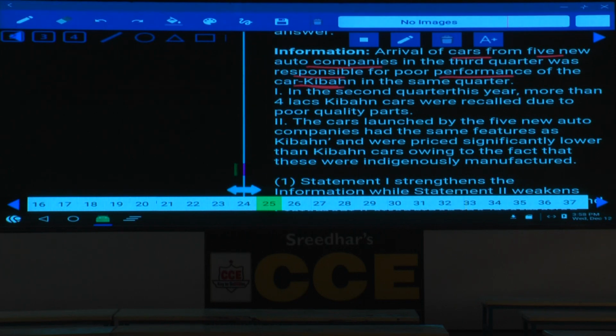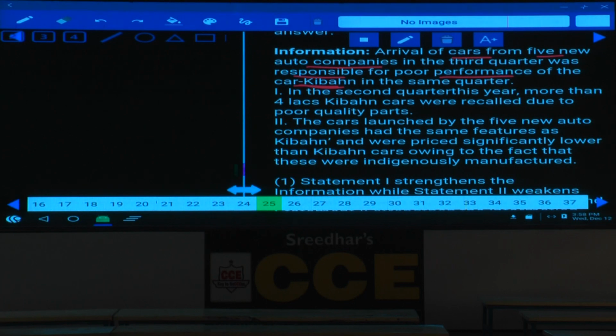Kiban in the same quarter, the performance is very poor because more cars are available. New company cars were there, hence people are willing to purchase them rather than this one. What is the reason behind the downfall of this one? The sales are coming down because of the advent of new cars into the market, isn't it?